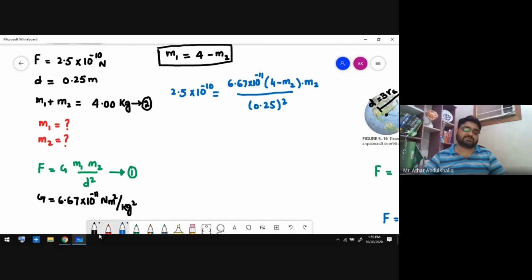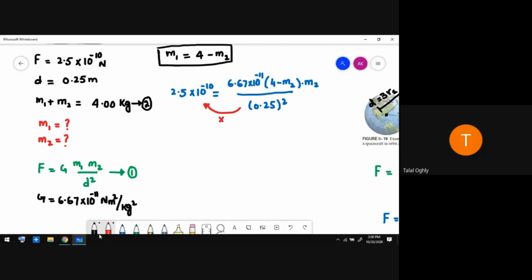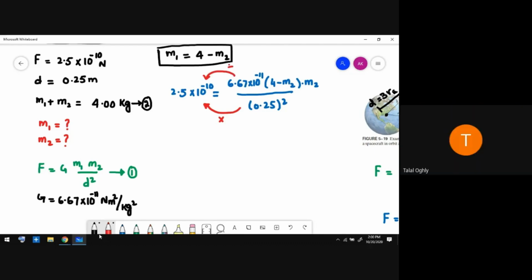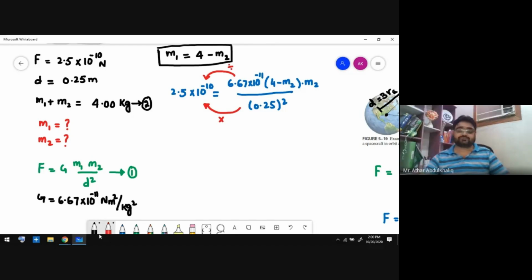The first step is this 0.25 squared is divided here, on the other side it will be multiplied, and 6.67 times 10 to the power negative 11 is divided. Now what will be the new equation formed here?